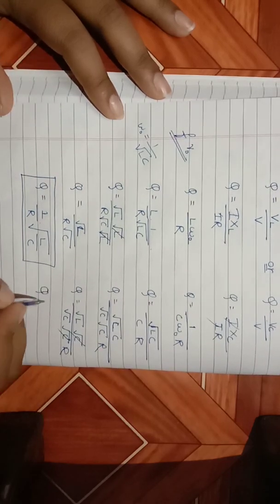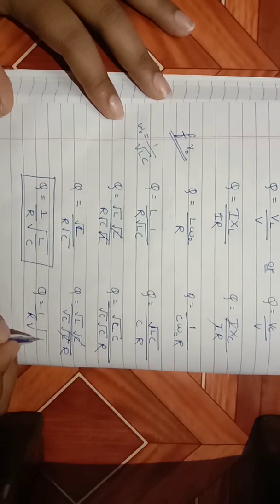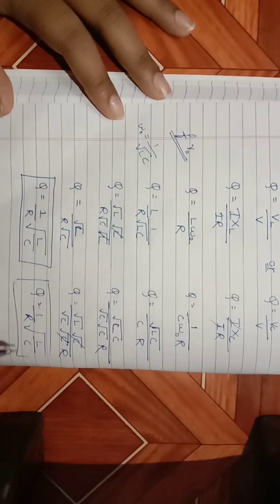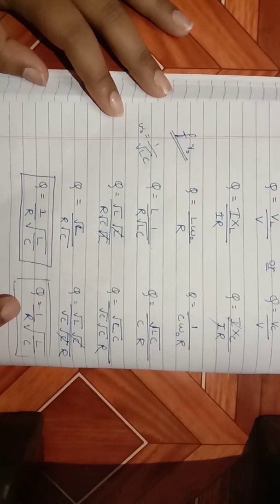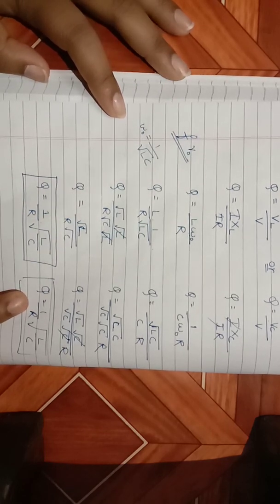So again Q is equal to 1 by R square root of L by C. The same definition, same answer you will get. This is about the quality factor.